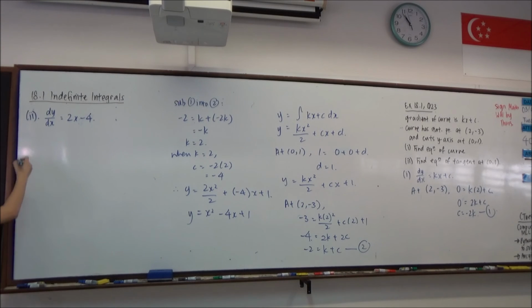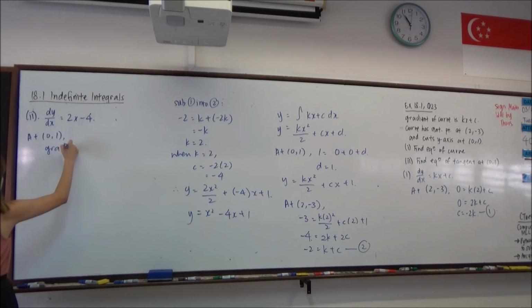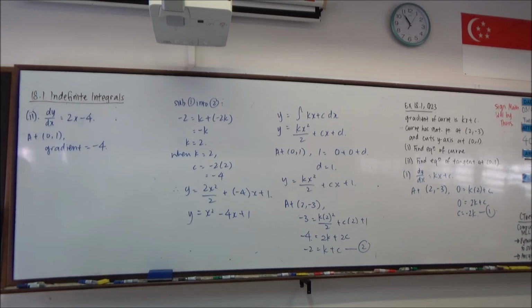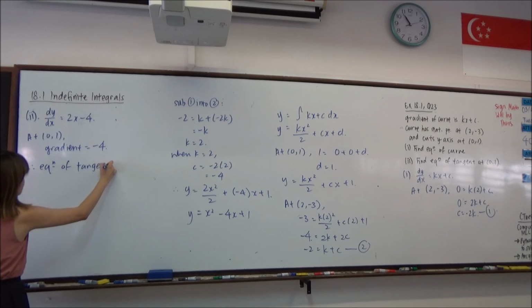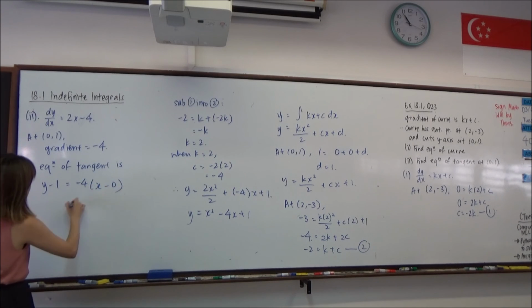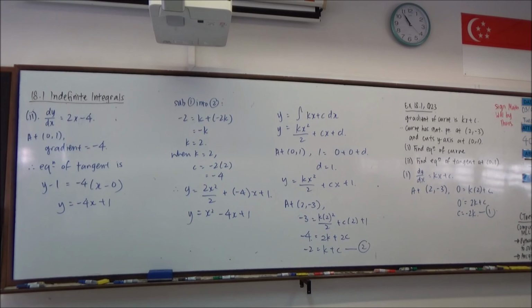Okay, so at the point 0, 1, your gradient will be equal to negative 4. So equation of tangent: y minus 1 equals negative 4 times x minus 0. So y is equal to negative 4x plus 1. Second part.